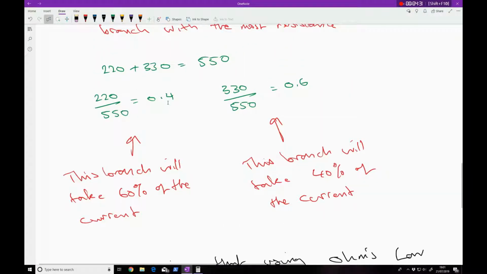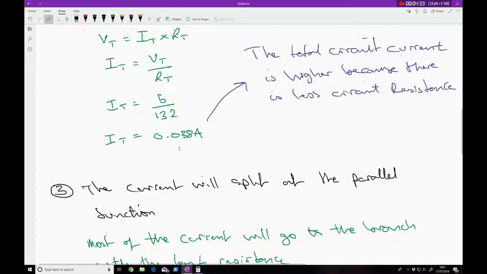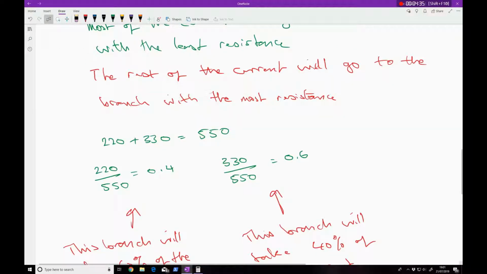So 40% of 0.038. 0.038 multiplied by 0.4.